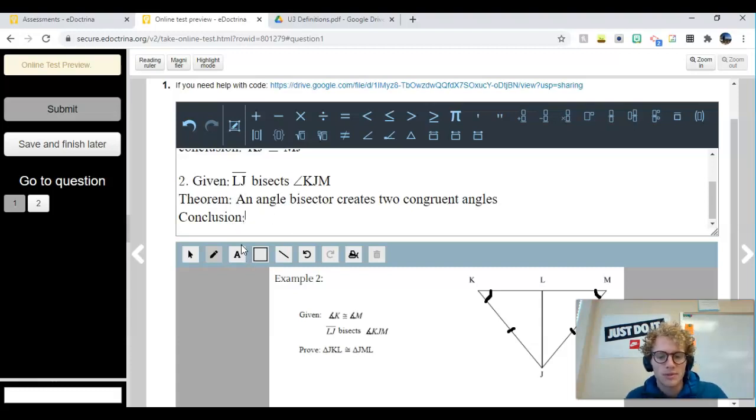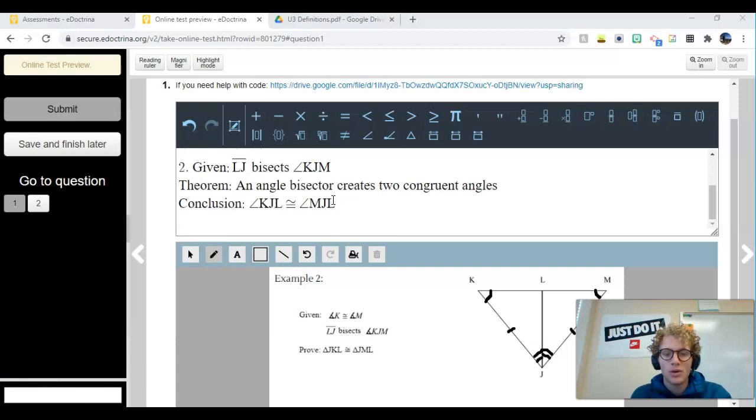For my conclusion, it is that we have two congruent angles, KJL and MJL. So I wrote my conclusion and then I drew on my diagram. And our goal this whole time was to prove these two triangles congruent. If you want, you could highlight the triangles like this.